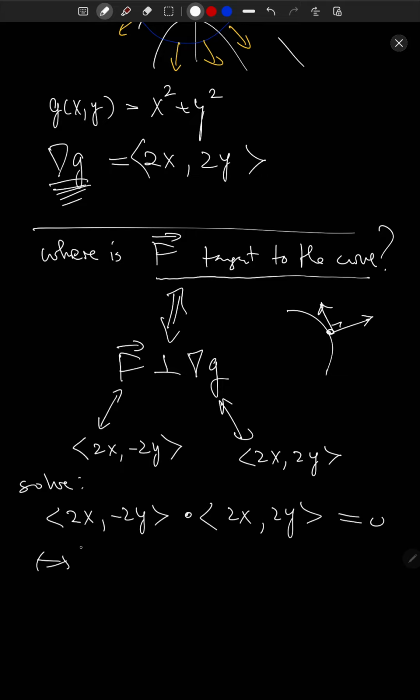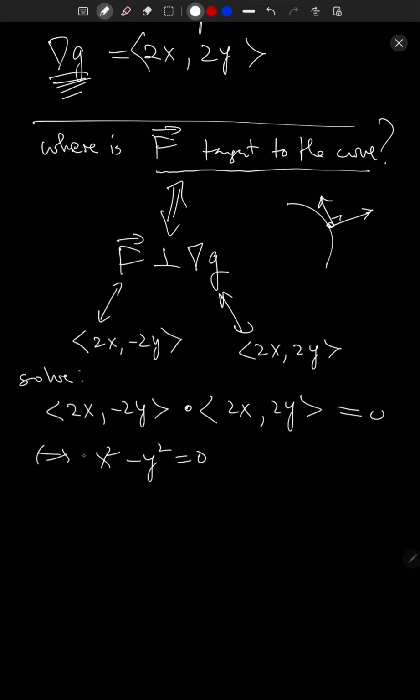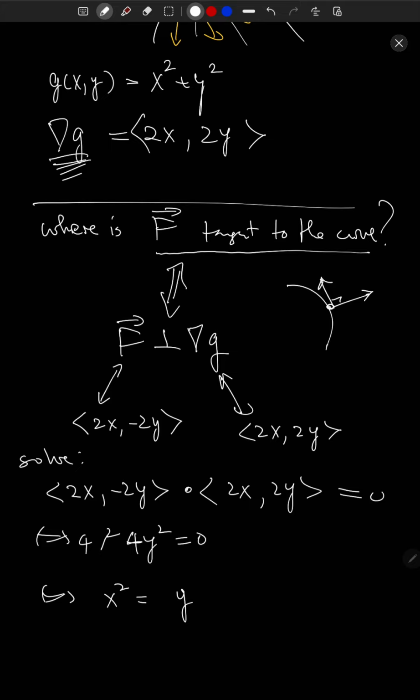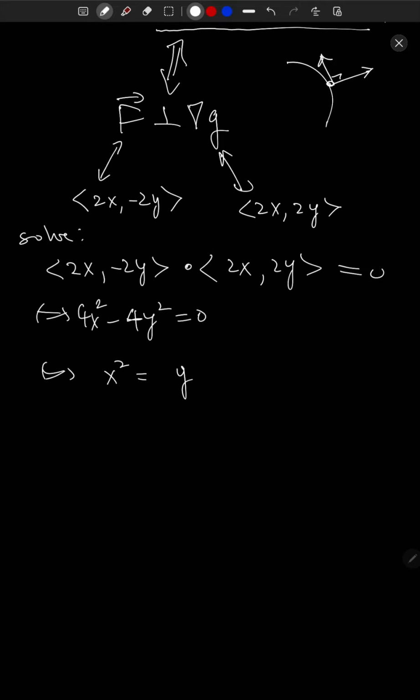And that's the same as x squared minus y squared equals 0. Technically it should be 4s in front of these, 4x squared minus 4y squared, but they're all just going to cancel out anyway. So x squared equals y squared.